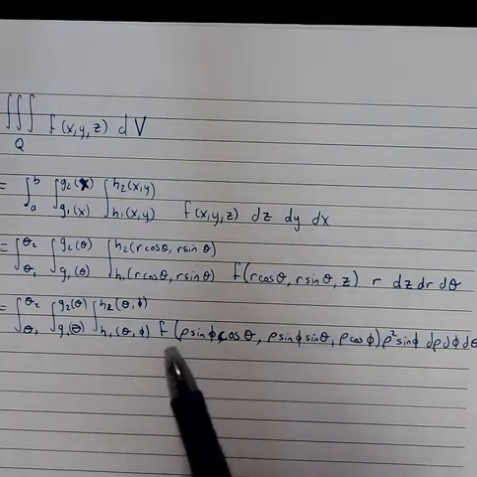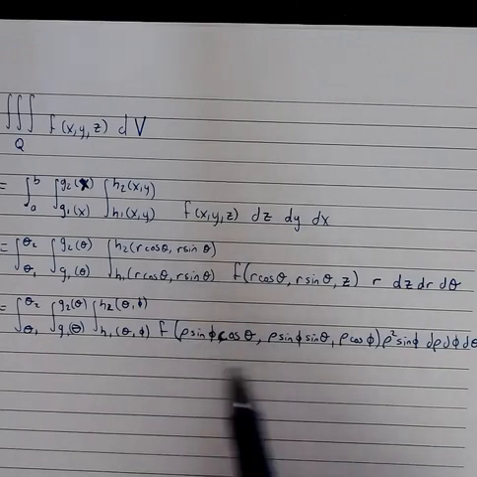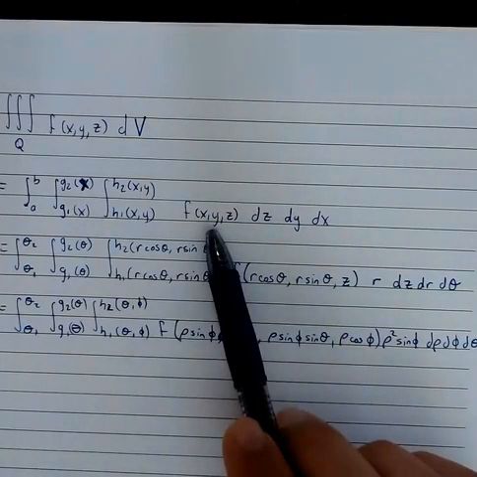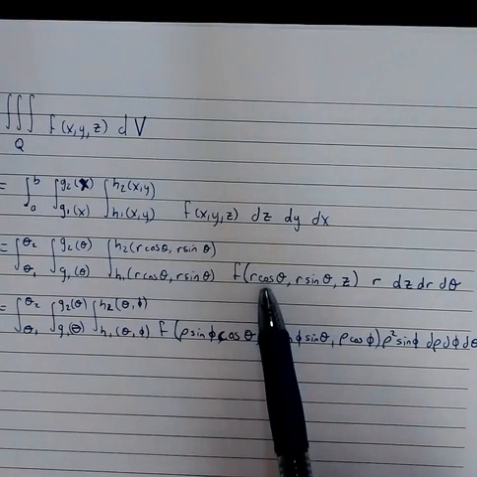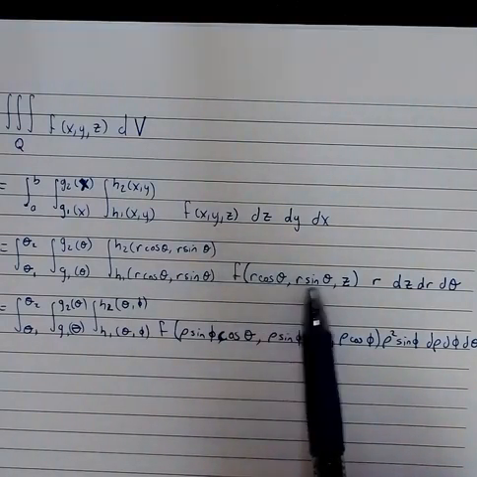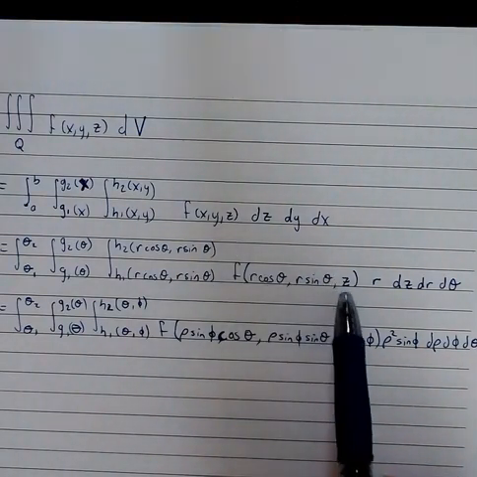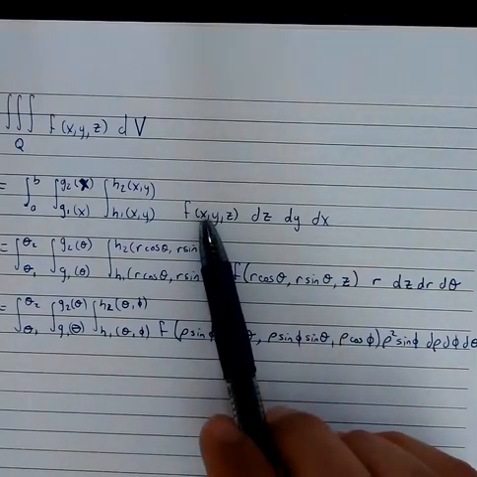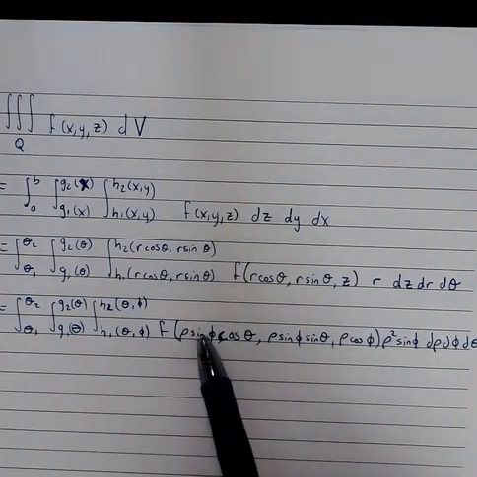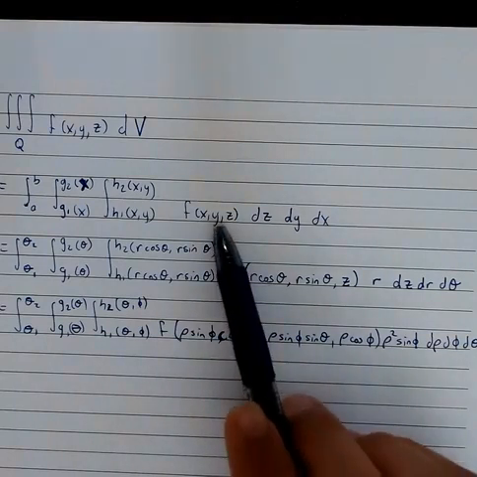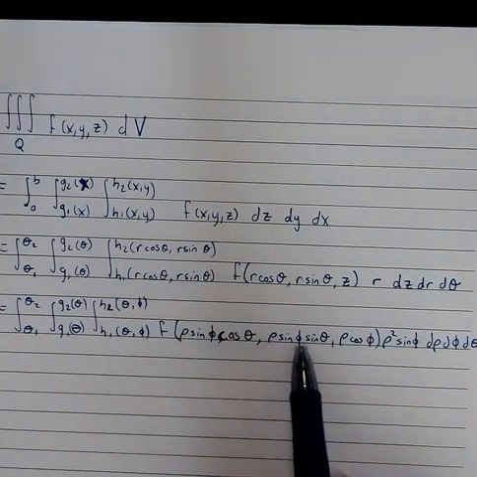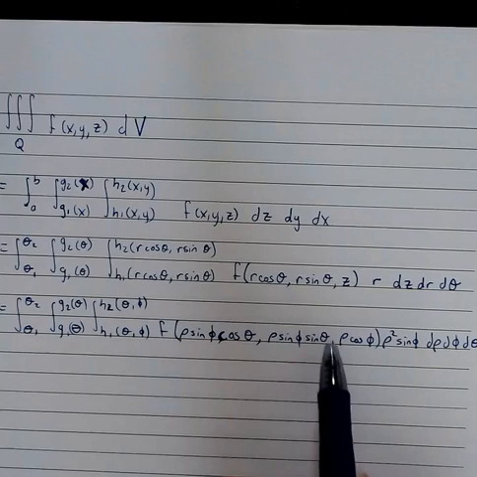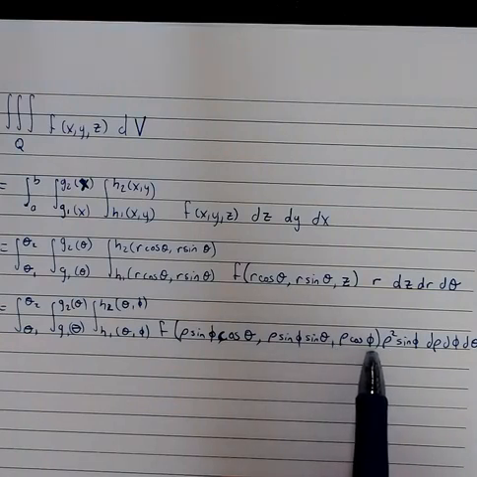Okay? Here, whenever you're changing into polar, x is equal to r cosine of theta, y is equal to r sine of theta, and z is equal to, well, z. Here, x is equal to rho sine of phi cosine of theta, y is equal to rho sine of phi sine of theta, and z is equal to rho cosine of phi.